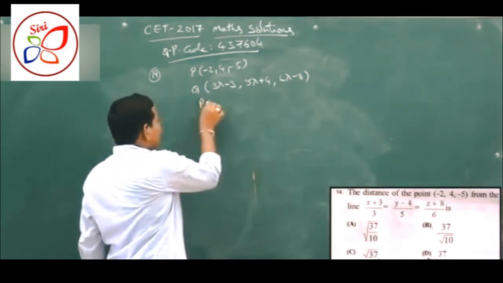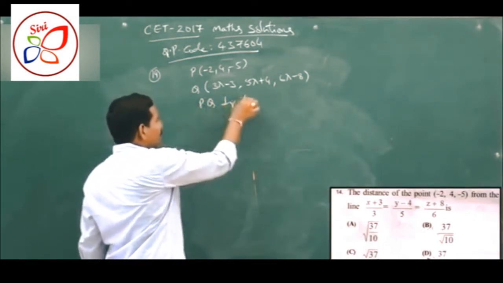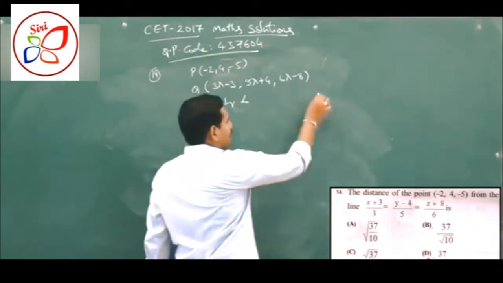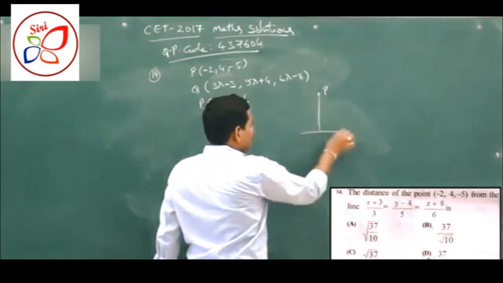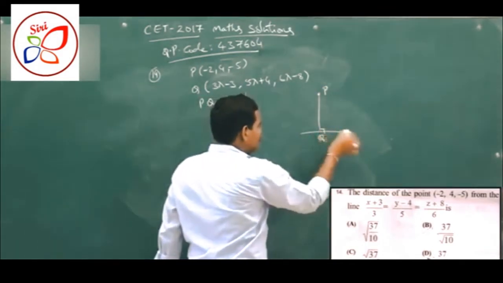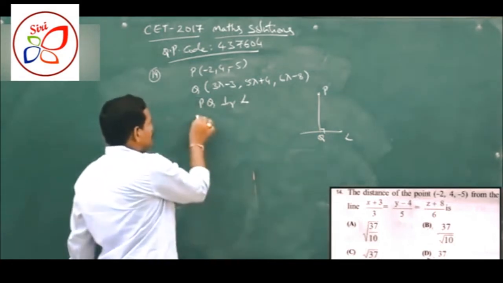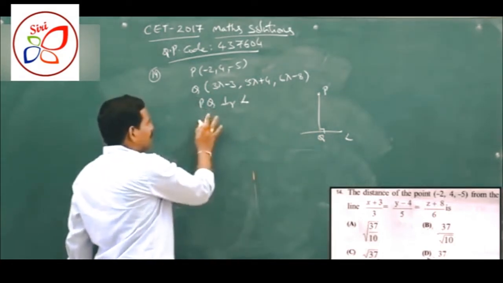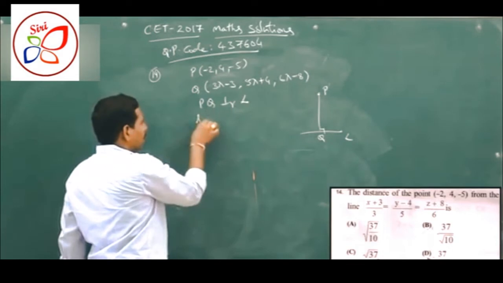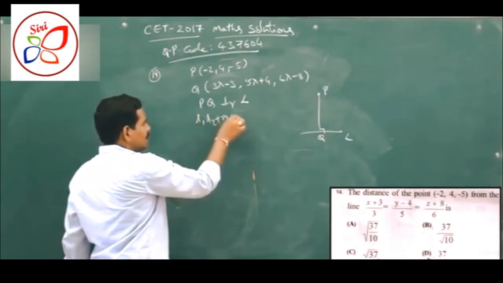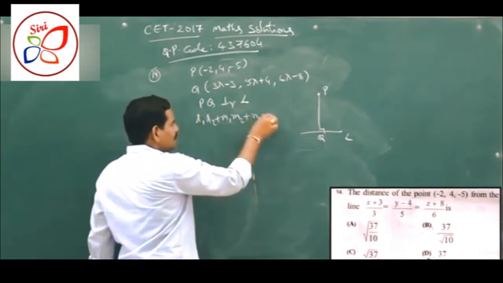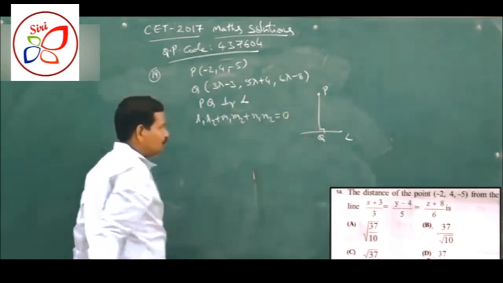Clearly this PQ is perpendicular to the line L. Here the point P, here the line L, this is Q. So PQ is perpendicular means L1 L2 plus M1 M2 plus N1 N2 is 0.